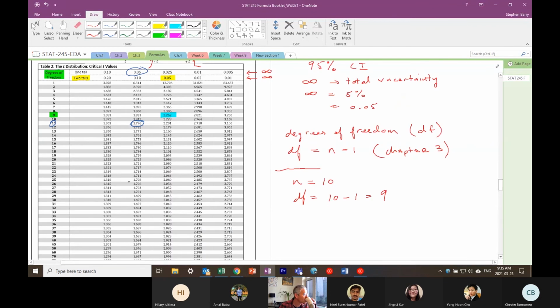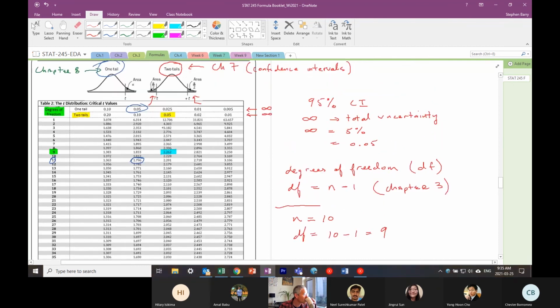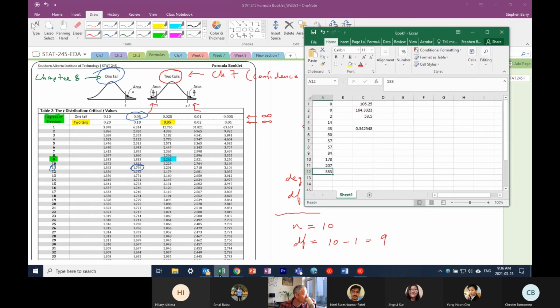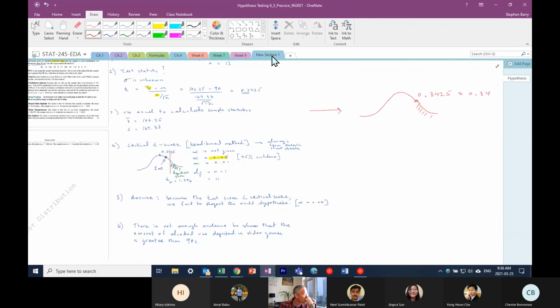I have to look up some value of 0.34 here, and it's not good, right? Because you kind of have to reverse engineer this value here, and so it's counterintuitive. So let's use Excel. This is another example of where Excel comes into play. So here, definitely the traditional method is preferable in this kind of situation.